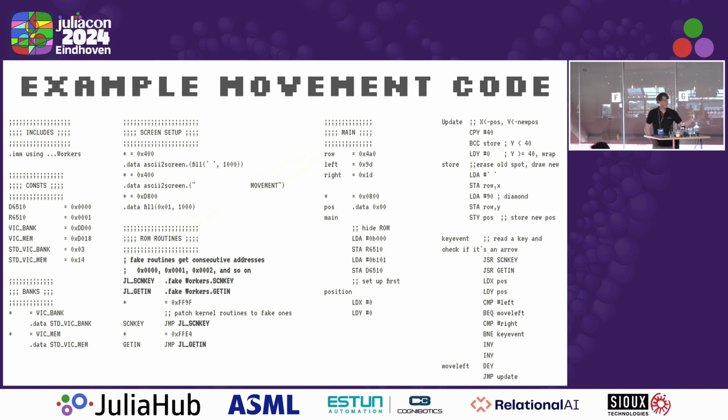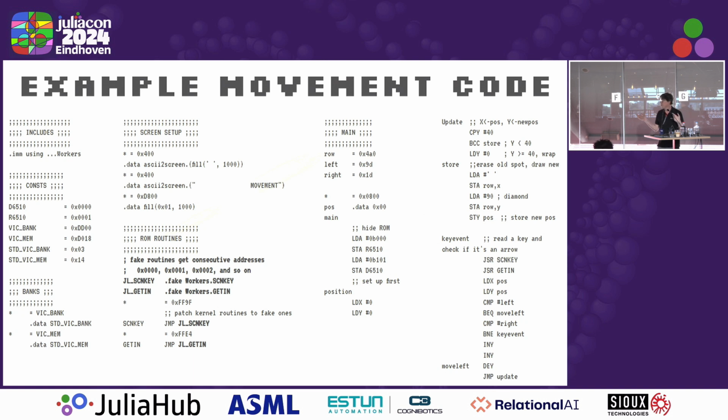In order to do this, because I don't have a super high fidelity hardware emulator right now, I can't do sound, and I can't do the I/O on chip, like in the emulator. So I patch in fake routines there with the .fake directive, and that hooks up to a Julia function. That way you can call in and out between Julia and the emulator.